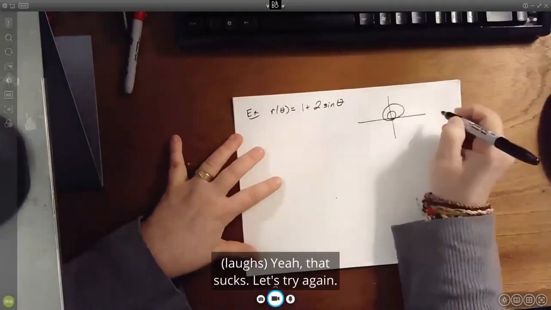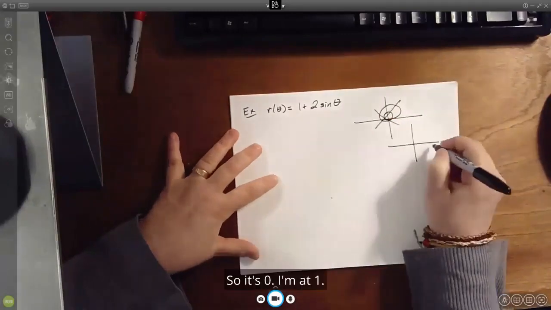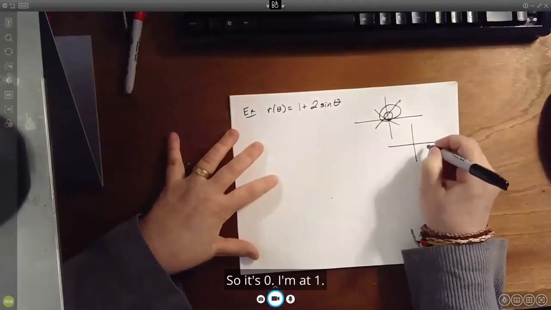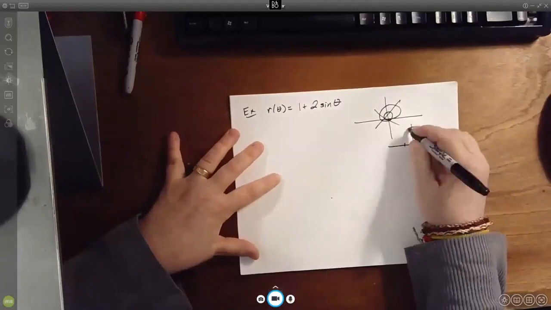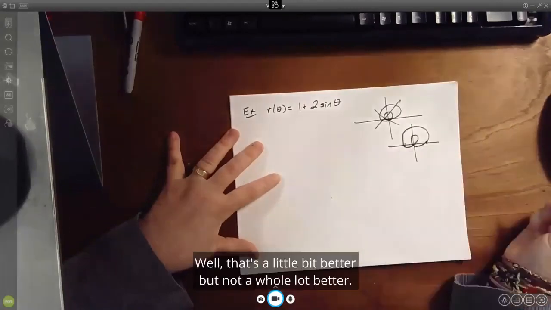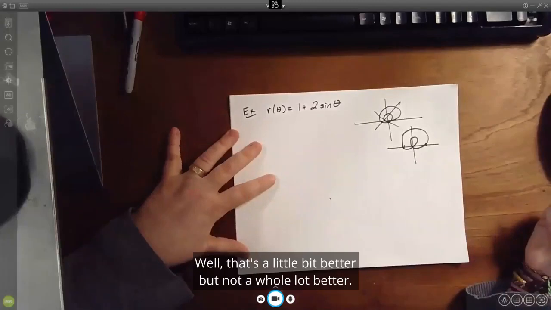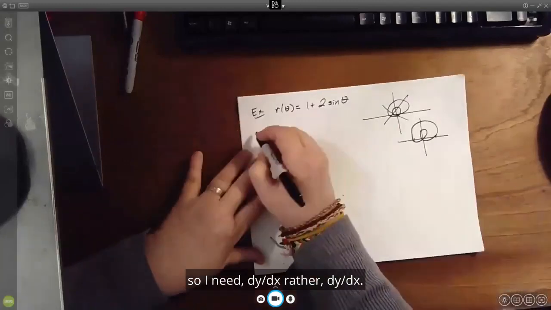Let's try again. So at 0, I'm at 1. I want to find the derivative of this, so I need dy/dx rather.